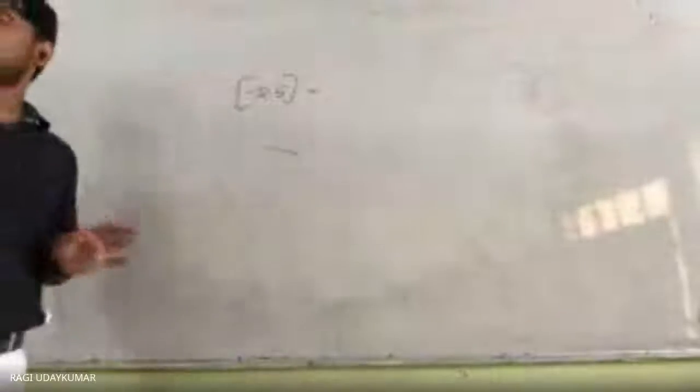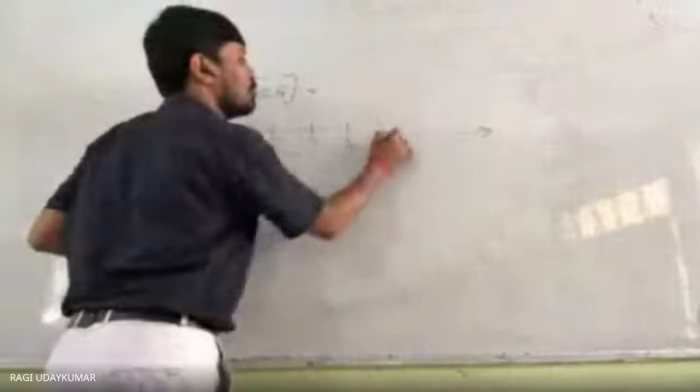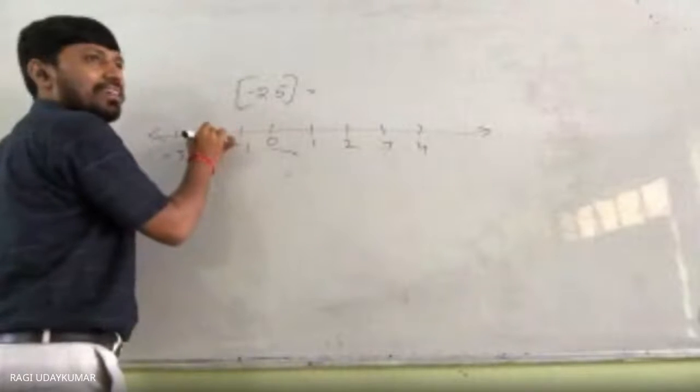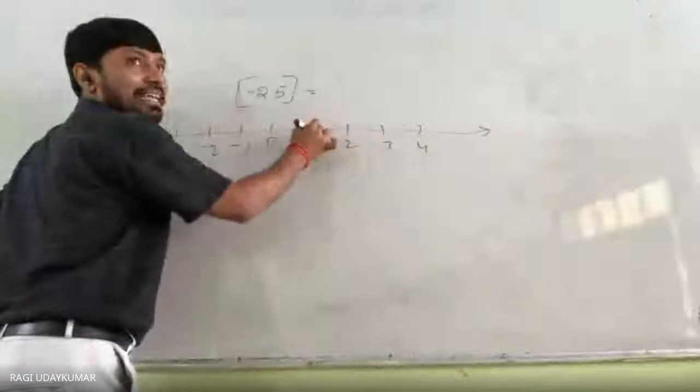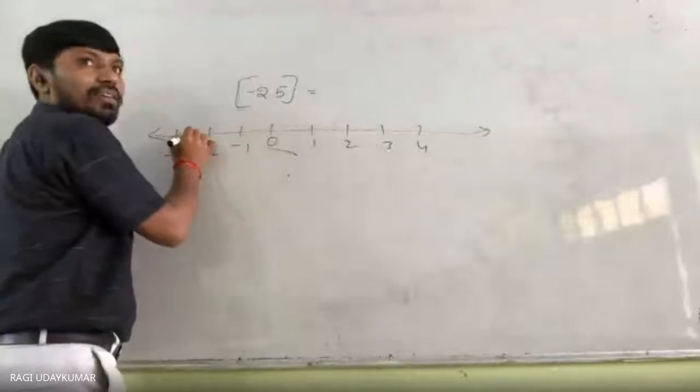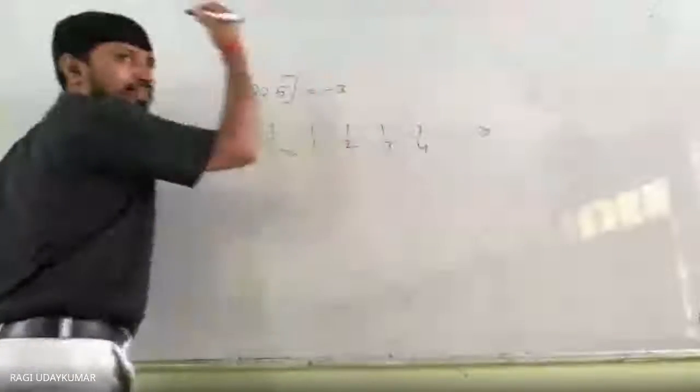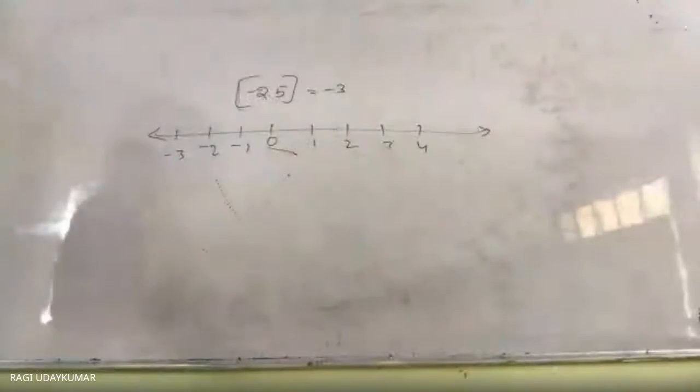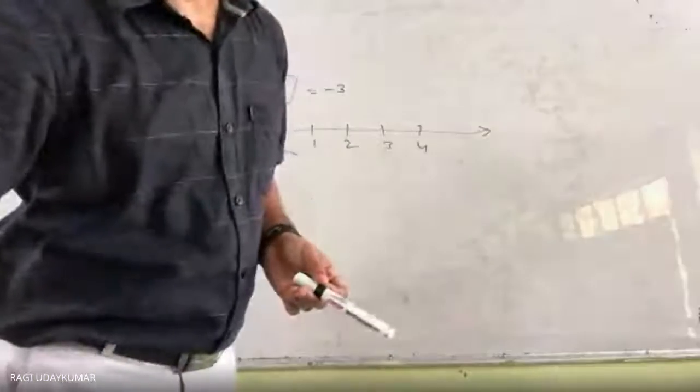Suppose I am asking that inside the bracket -2.5, can anyone tell me the greatest integer value of this? Not -2, it is -3. Whatever it is, you have to take the number line. It is easy: 0, 1, 2, 3, 4, -1, -2, -3. Take the point here, that is the answer. Where is -2.5? Here, then final. That is the greatest integer function. Is it clear? Yes. So these are the different types of functions we are having here.